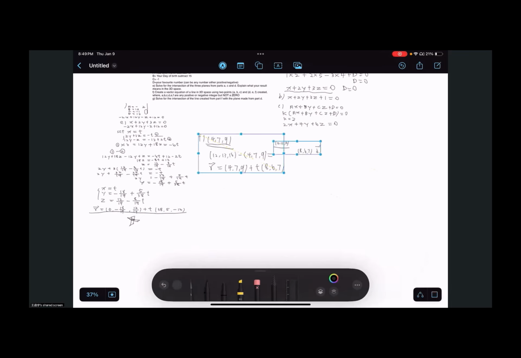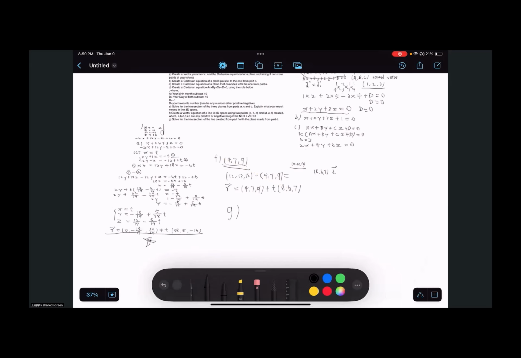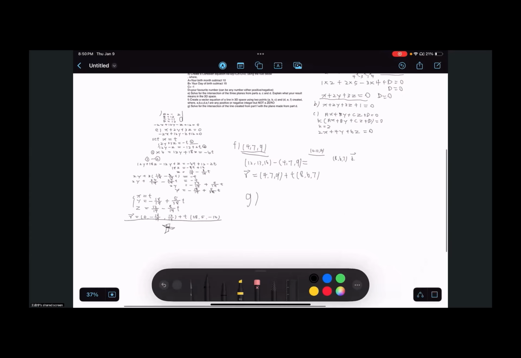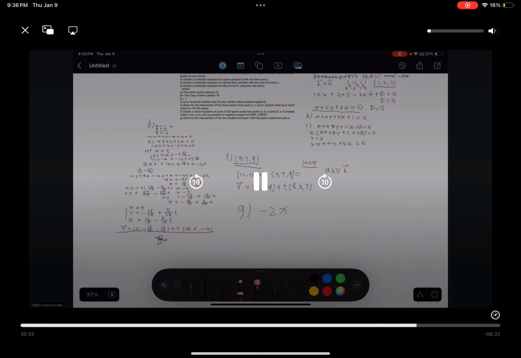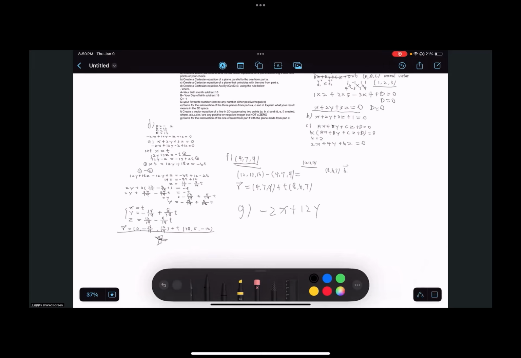Question part G. So for part G, it says solve for the intersection of the line created from part F and the plane made from part D. So for part D, our answer is negative 2x plus 12y minus 8z plus 12 equals 0.